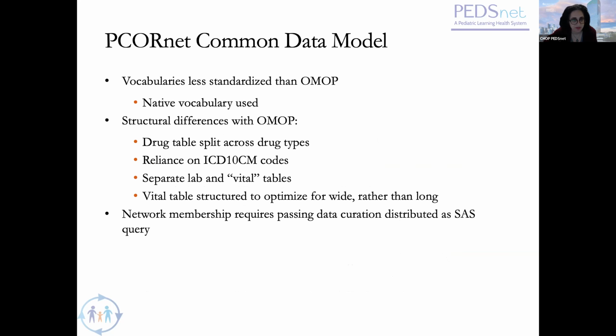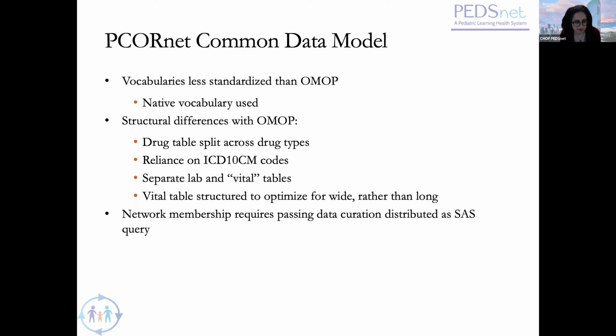The PEDSnet data model has much the same sort of content and rationale, but one of the differences between PEDSnet and OMOP is that in PEDSnet, the vocabularies are less standardized. OMOP has more rigid ways of standardizing vocabularies in their data tables.